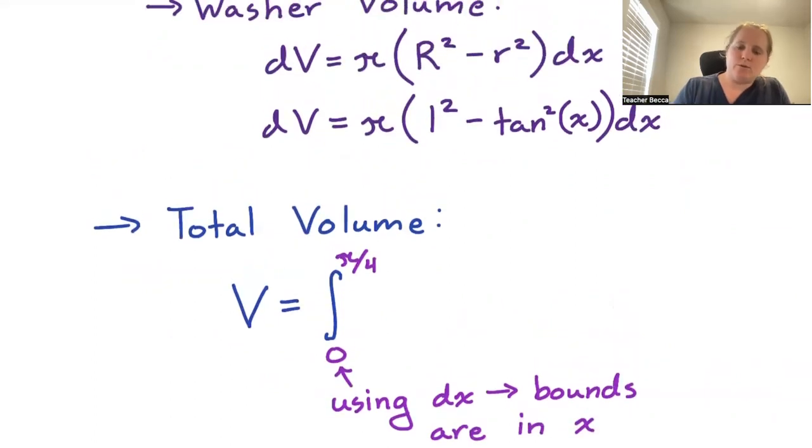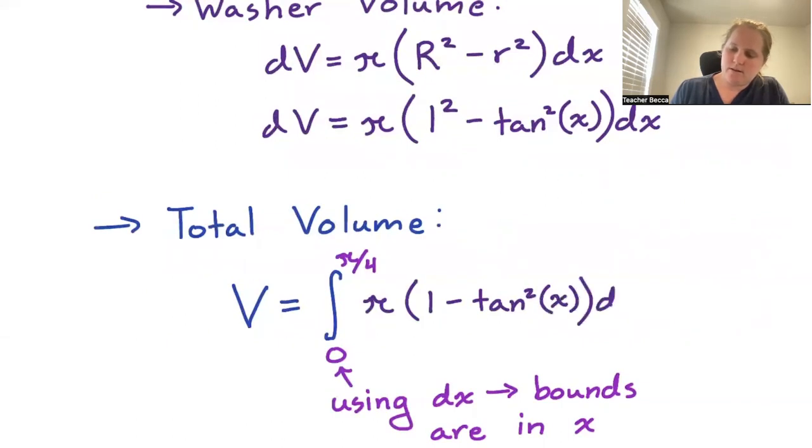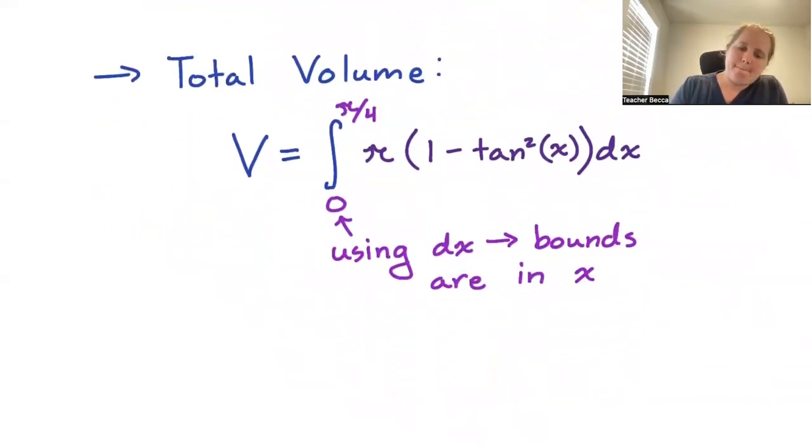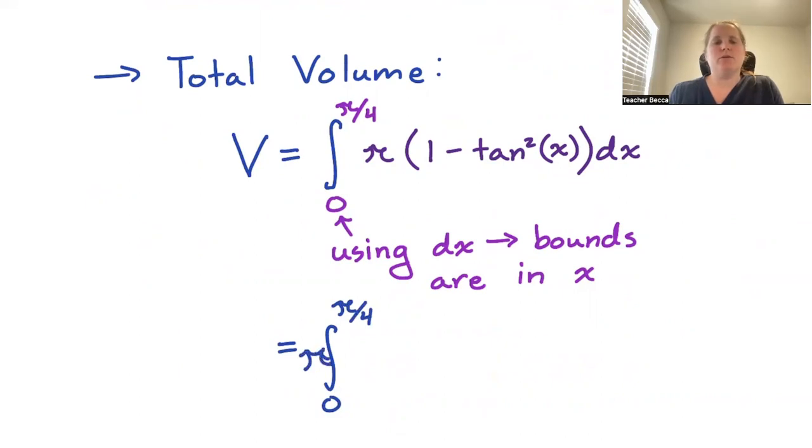So our volume is pi times the integral from 0 to pi over 4 of 1 minus tangent squared of x dx.